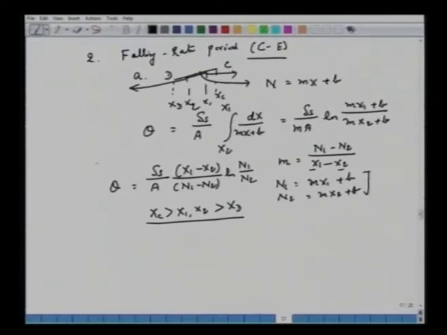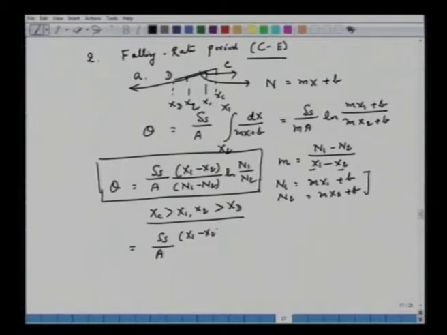So we got these expressions for the linear falling curve. Okay, this can also be rearranged, if you notice that you have a ln term here from some previous context. It is SS over A, (X1 minus X2) over NM, and we can call it NM. What is NM? You should recall, it's nothing but the logarithmic average.